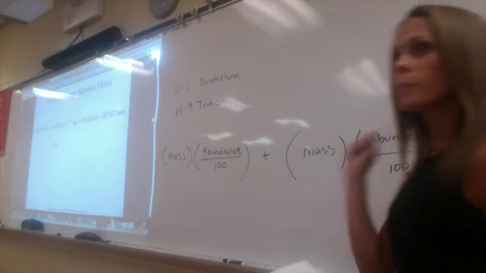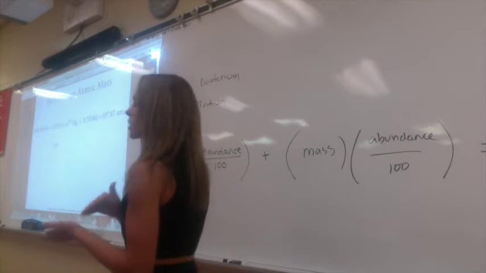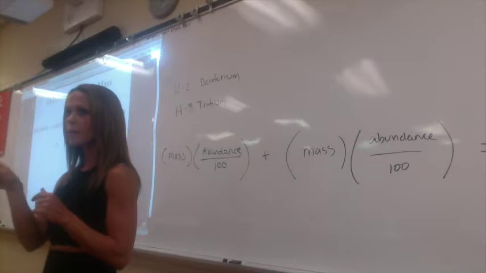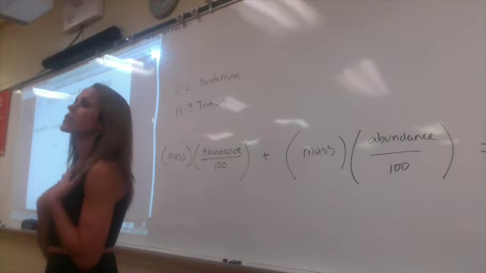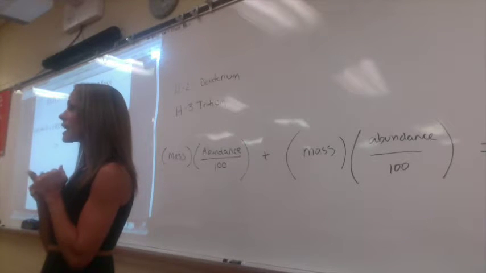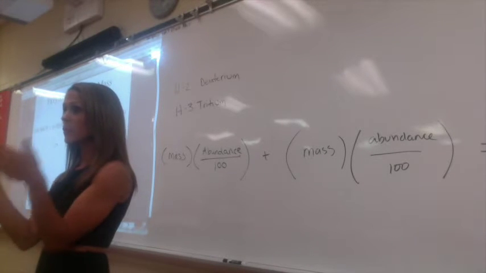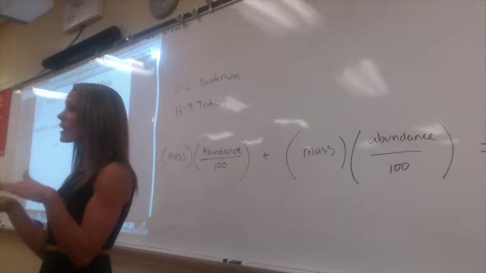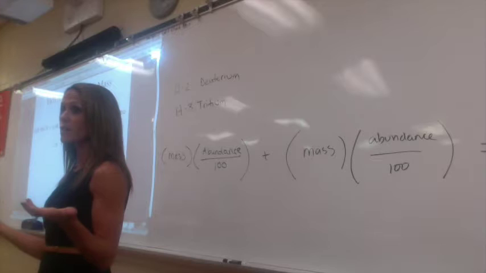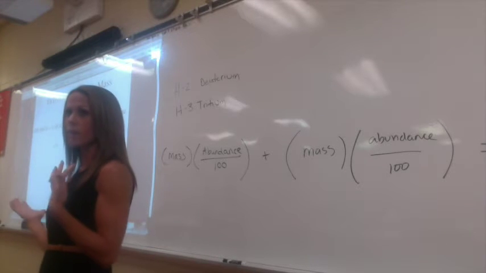Periodic table. Big rule right now, when you use your periodic table for the AP exam, you must use all the numbers on that periodic table. When you took honors chem with me, what did we round to? The first decimal place. In AP Chem, you use exactly what's on that periodic table. They already rounded it for you. So you're going to use all the numbers that they give you, and then you're going to take sig figs at some point from those numbers and what you're calculating.